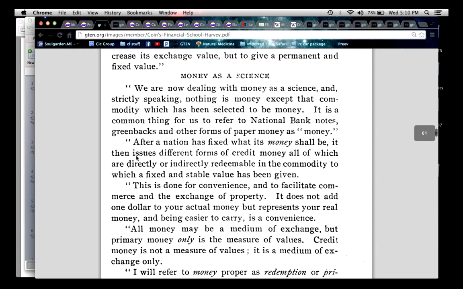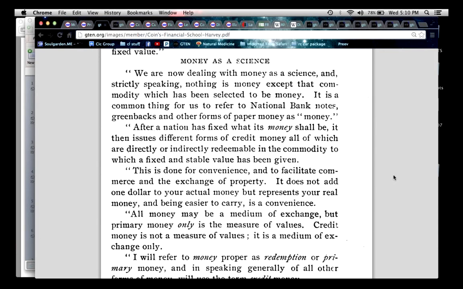We are now dealing with money as a science, and strictly speaking, nothing is money except that commodity which has been selected to be money. Commodity being the key word there. It is a common thing for us to refer to national banknotes, greenbacks, and other forms of paper money as money. After a nation has fixed what its money shall be, it then issues different forms of credit money, all of which are directly or indirectly redeemable in the commodity to which a fixed and stable value has been given.